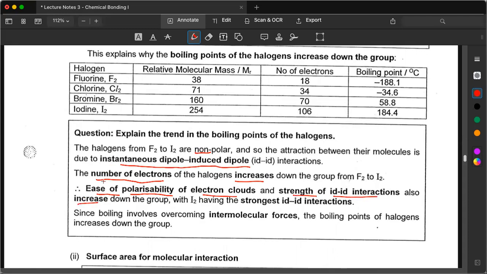You have to mention number of electrons increases, so the electron clouds become more polarizable. Since boiling involves overcoming intermolecular force, increased strength means what? More energy. Mention that also, to overcome stronger ID-ID, stronger intermolecular forces.